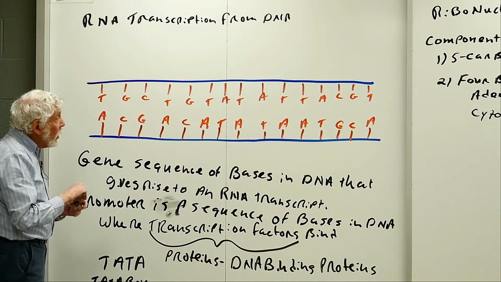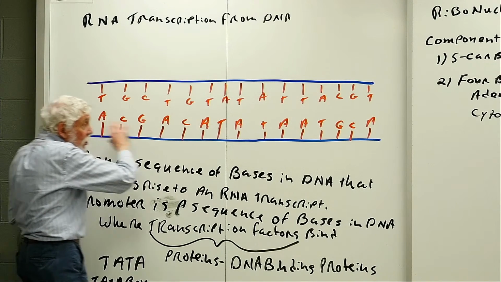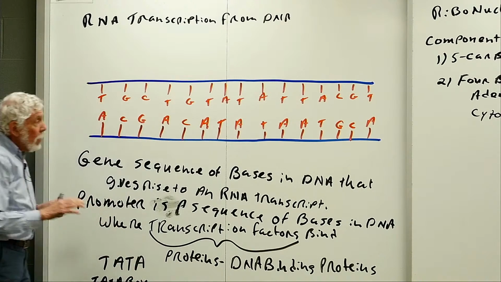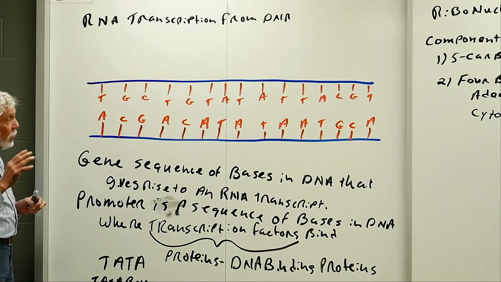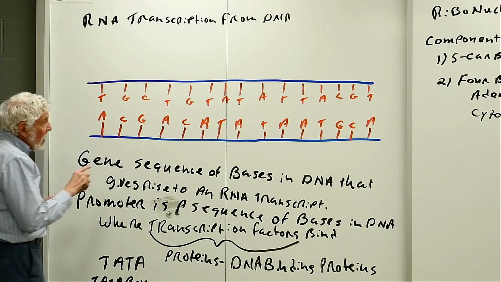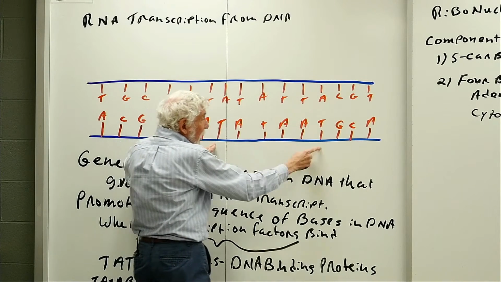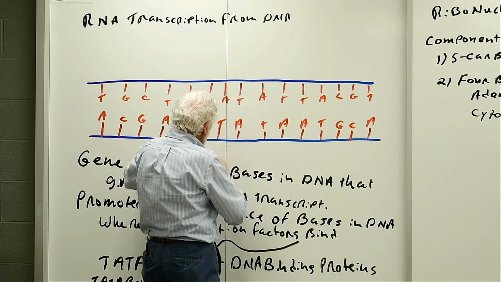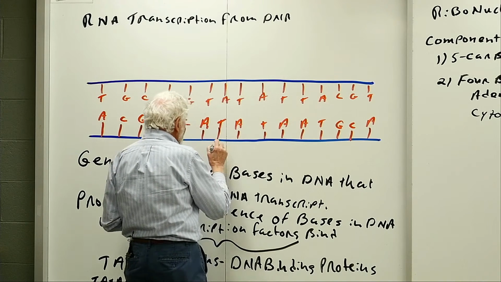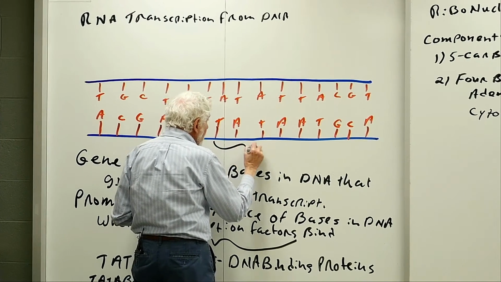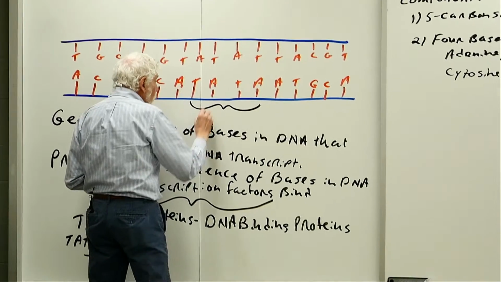So what I've tried to do here is lay out a series of bases, but within that series of bases, I have TA, TA, TA, and a couple more purines. You'll recognize this as the TATA box. This is the promoter.